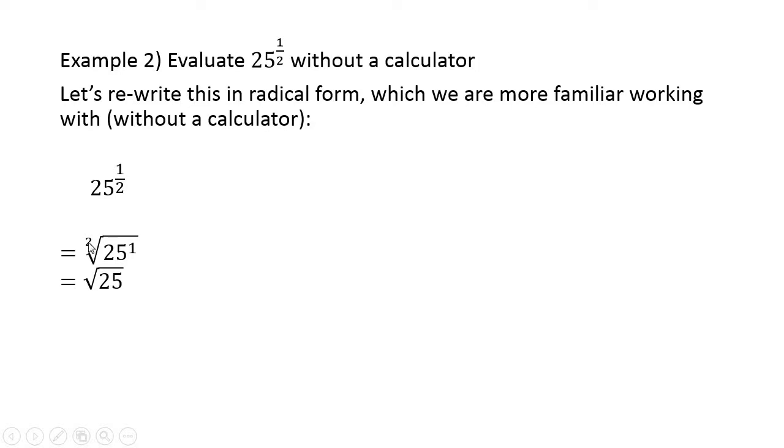And we don't need to really write this 2 here, so I'm not writing it. So this is just the square root of 25. So you can remember anything to the half will always just become a square root, because the 2 becomes the index, which just means it's a square root, and the 1 doesn't actually change the radicand here. And what is the square root of 25? That is just a 5.